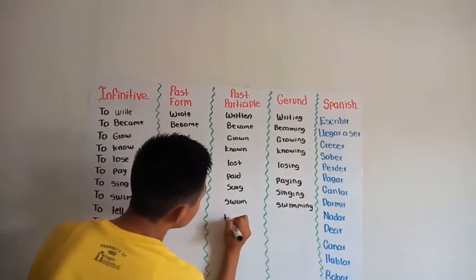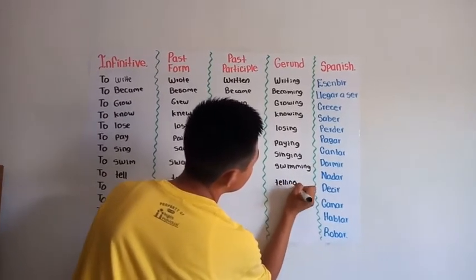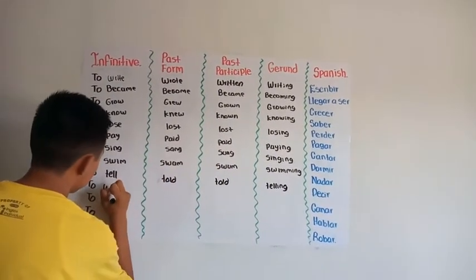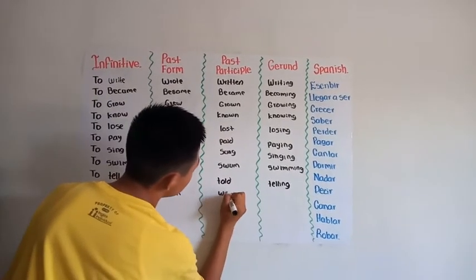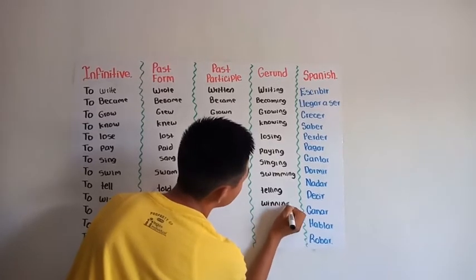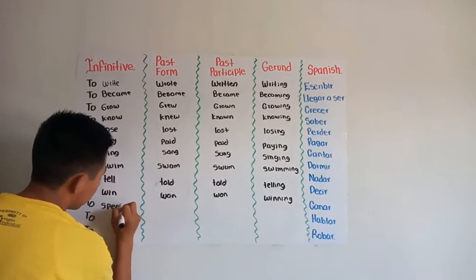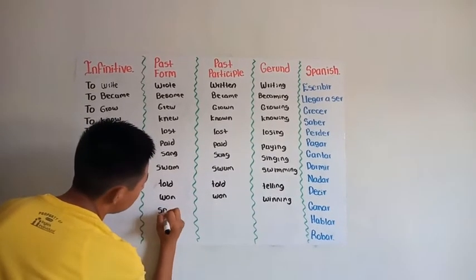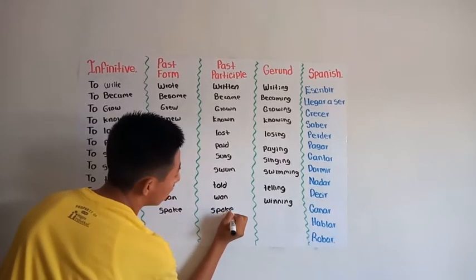Told and telling. Ganar, to win. It's the same, won, and win. Hablar, to speak. Spoke, spoken, and speaking.